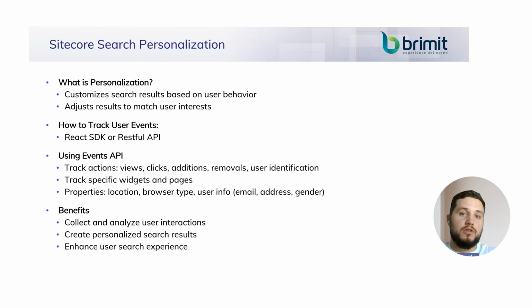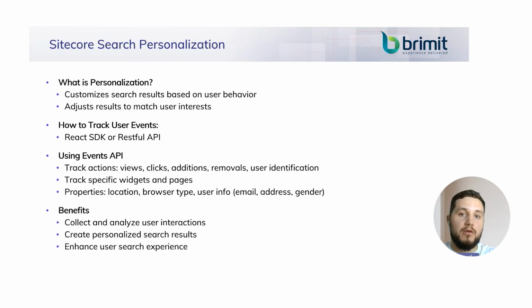To do this, you need to track what users do on your website and send this information to Sitecore Search. You have two ways to track these events. You can use the React SDK, or you can track through the REST API.